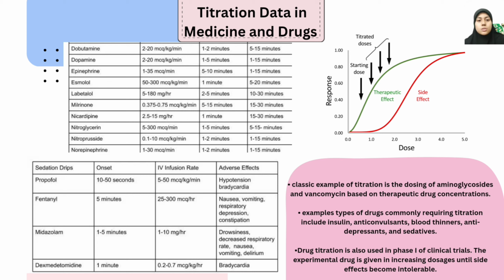Drug titration is also used in phase 1 of clinical trials. The experimental drug is given in increasing dosage until side effects become intolerable. It is a clinical trial to find which dose is suitable for the body and the correct amount to use.